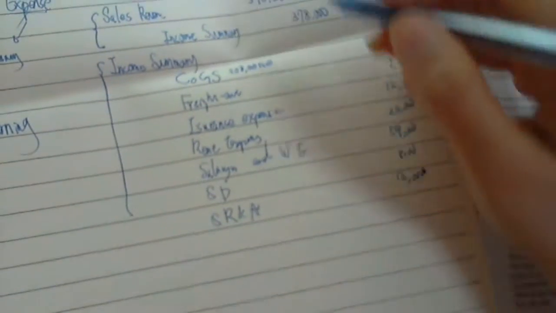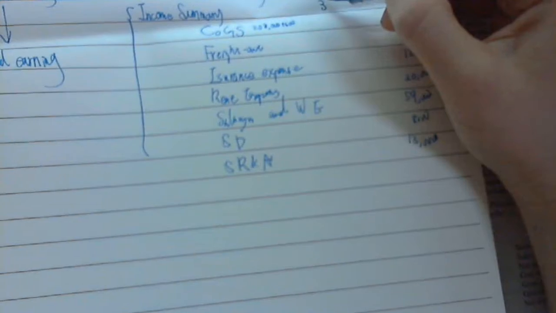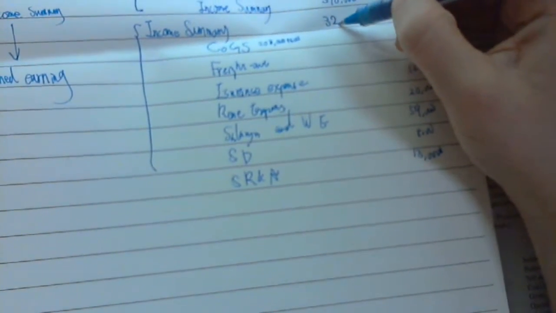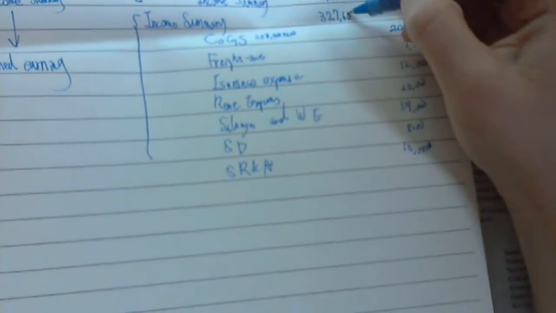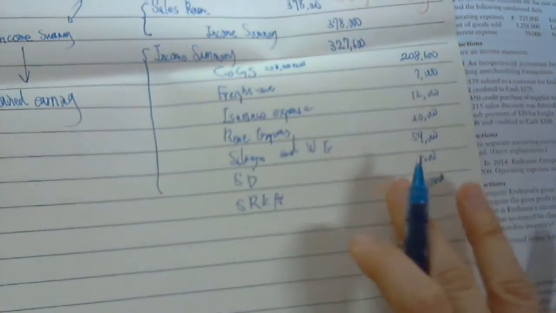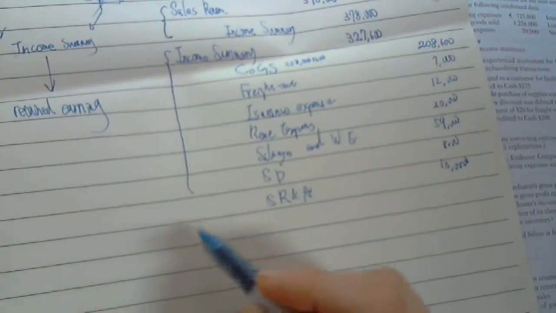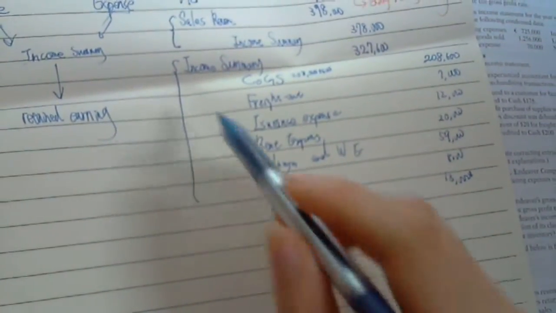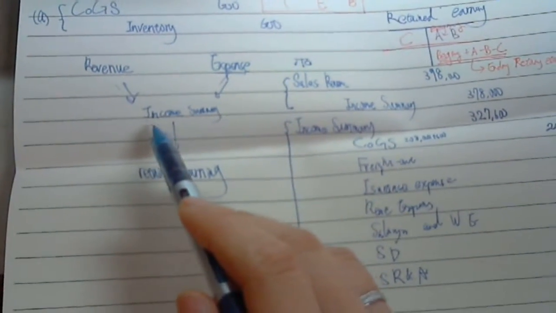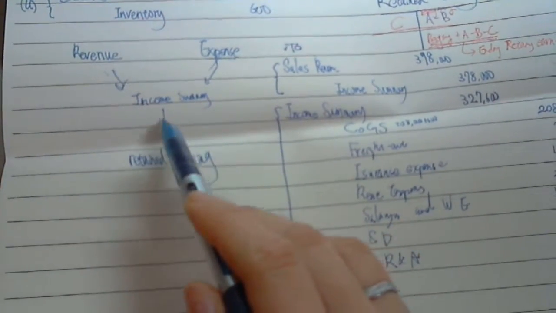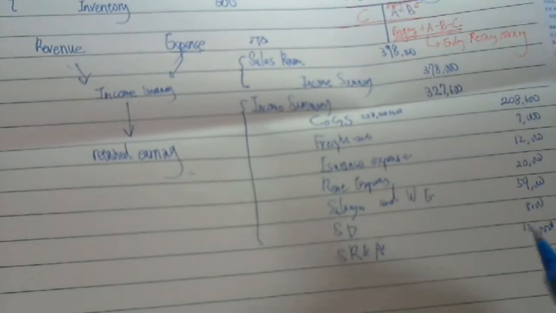So totally it will be 327,600. Okay. So now we will go through here from the income summary to the retained earnings.